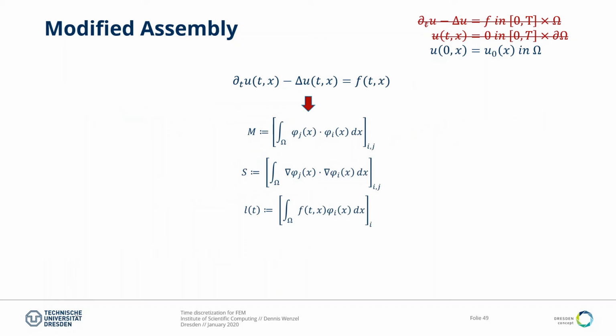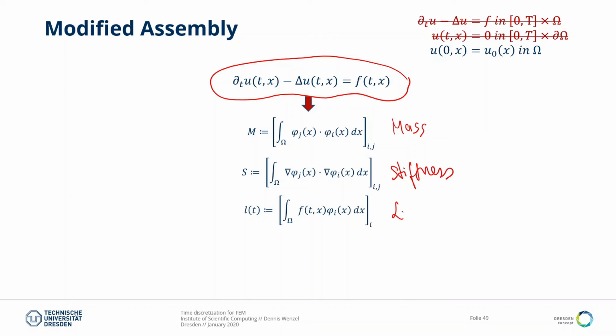So let's do a quick recap. We have taken our time-dependent PDE. We have defined a mass matrix, a stiffness matrix, and a load vector, just like before. The only difference is that now the load depends on t, but that may or may not be the case. And with this, surprisingly, we have gotten rid of all the x's, because we are integrating over x.